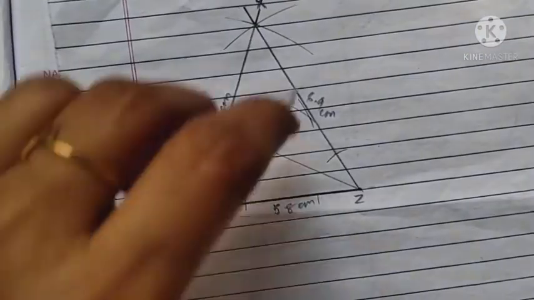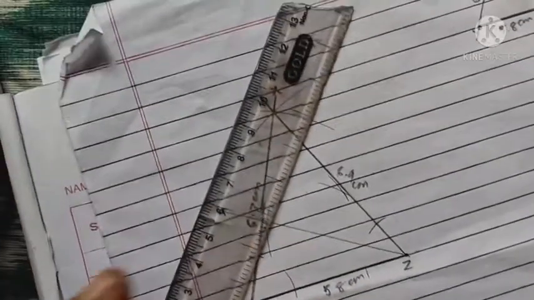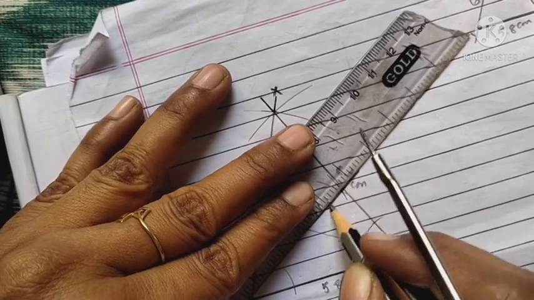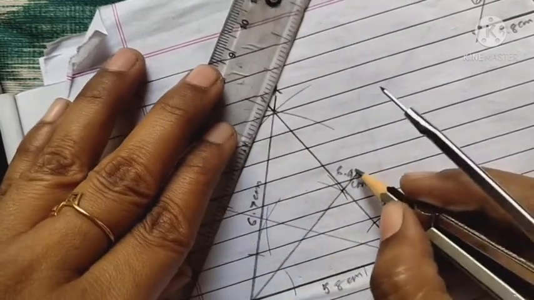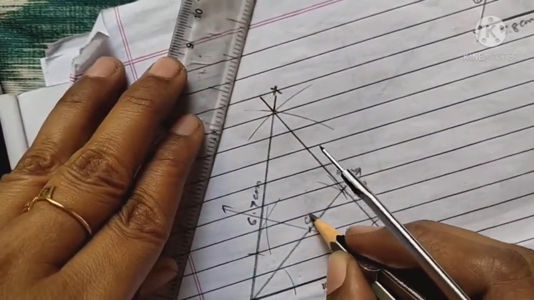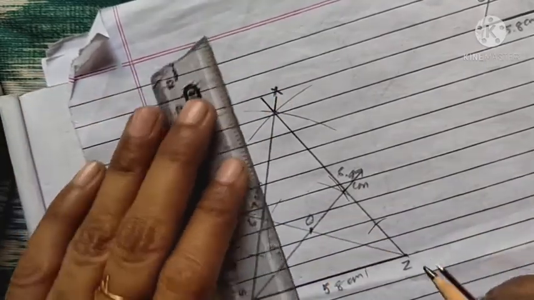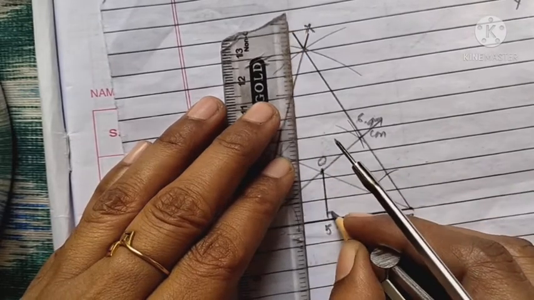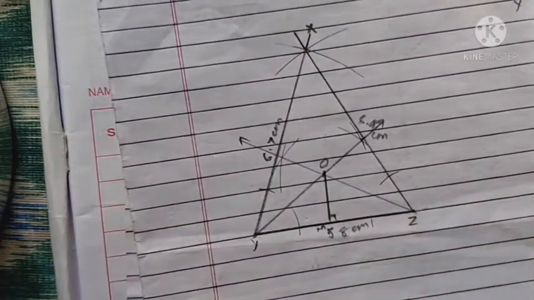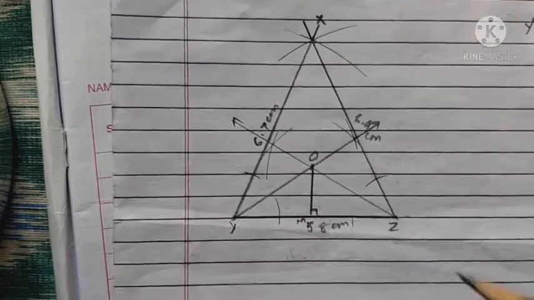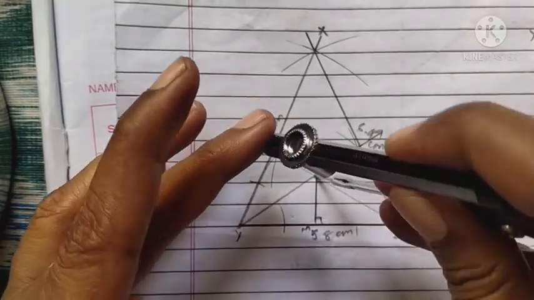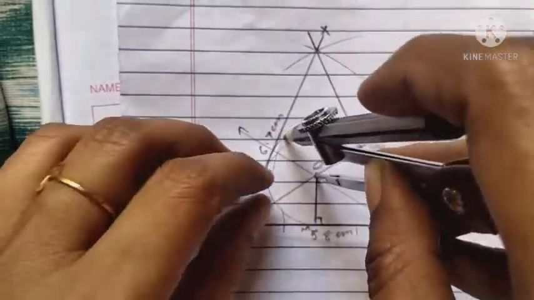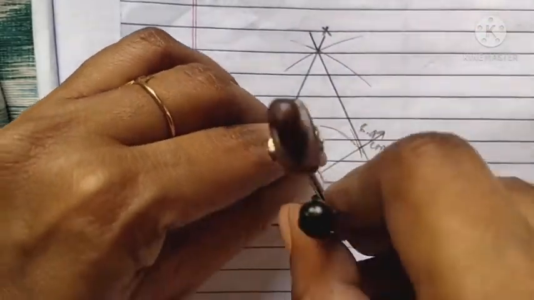This is the bisector of angle Y. The point of intersection of these bisectors is O. O is the center of the circle, and from O draw a perpendicular to the base. This is the radius of the circle. Now place the tip of the compass on point O and draw the circle in the interior part of the triangle. So this is your incircle.